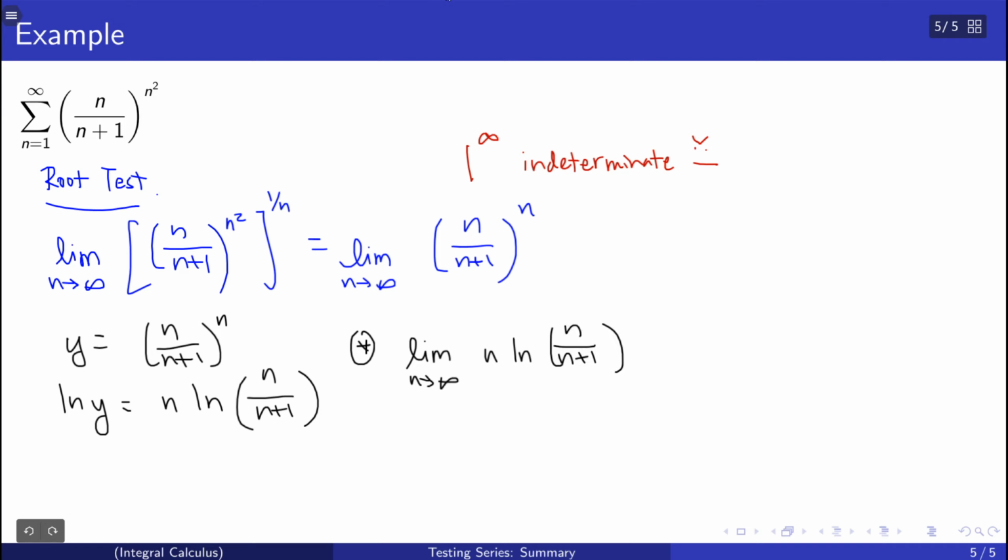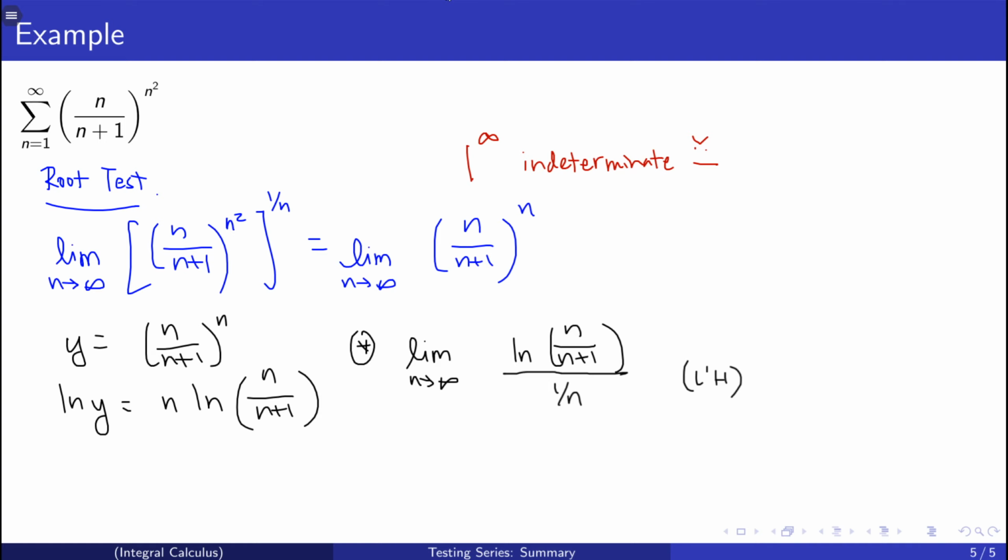Right? So the advantage of doing this is that by bringing that exponent down, this is now infinity times 0, and you can rearrange the terms here. And now you get 0 over 0, where you can apply L'Hopital's rule. So I'm not going to do this till the end. I'm going to leave this here for you to practice on.